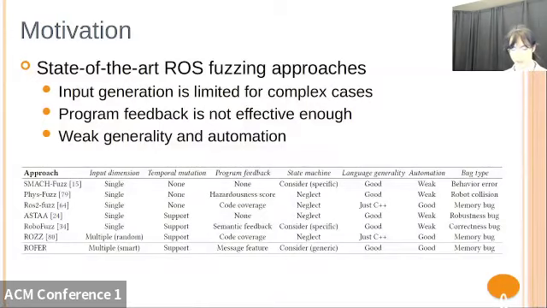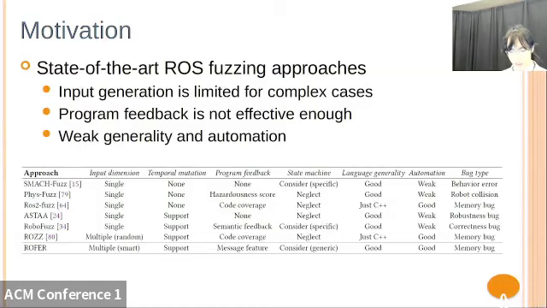To improve the security of robotic systems, several recent approaches have applied fuzzing to ROS programs. However, as shown in the table, these approaches still have some main limitations. First, these approaches consider just one single input dimension or randomly select the mutated dimension for test case generation.